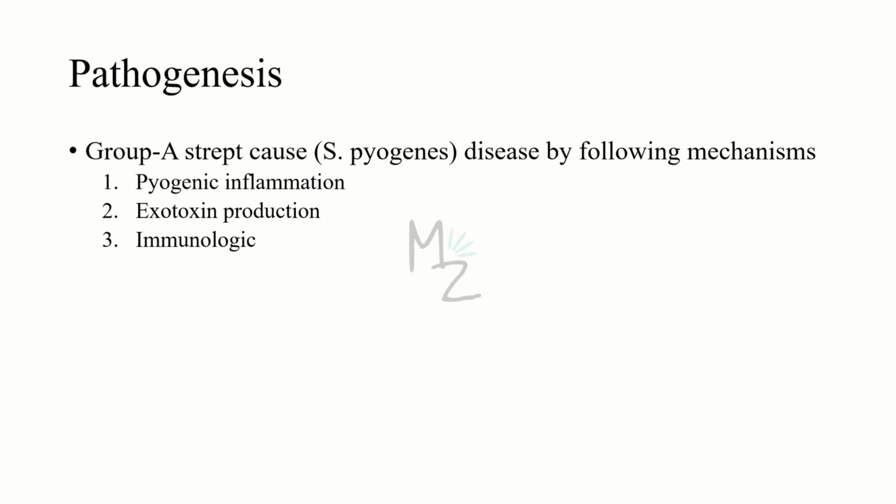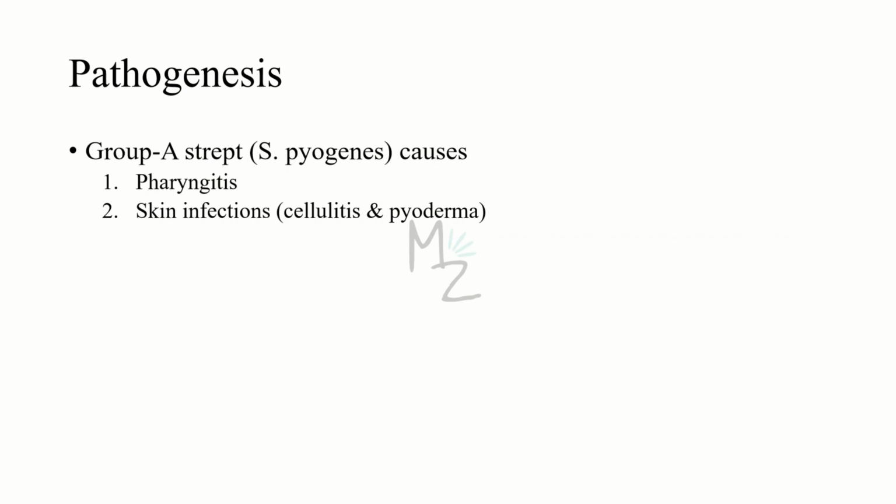And number 3, immunologic, which occurs when antibody against a component of the organism cross-reacts with normal tissue or forms immune complexes that damage normal tissue. The immunologic reaction causes inflammation, for example, the inflamed joints of rheumatic fever, but there are no organisms in the lesions. Group A strep, for example, strep pyogenes, cause diseases like pharyngitis and skin infection, for example, cellulitis and pyoderma.